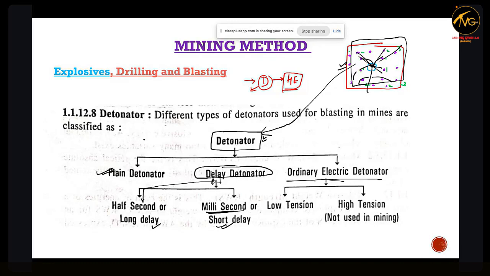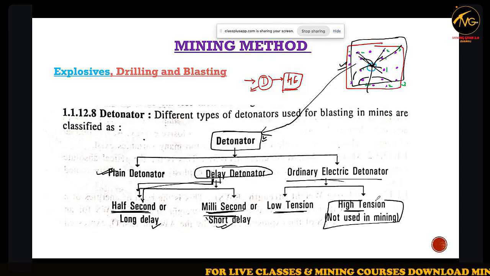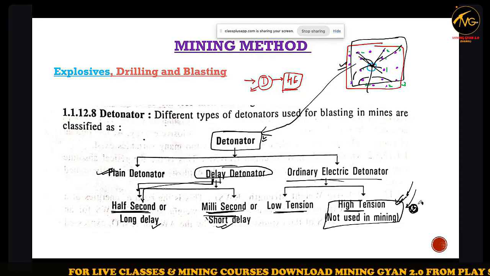Delay detonator is also two types: long delay, short delay. Long delay means half second. Short delay means millisecond. Ordinary electrical detonator means low tension and high tension; high tension ordinary electrical detonator is not used in mining. So if they have put this specifically, you should remember these points.